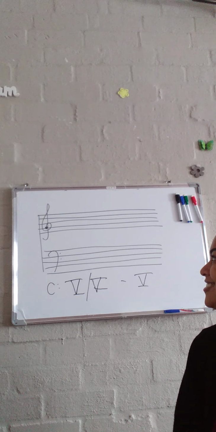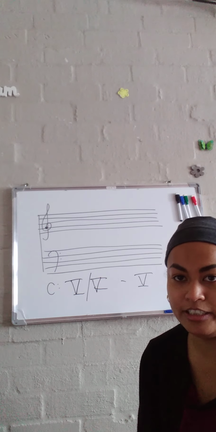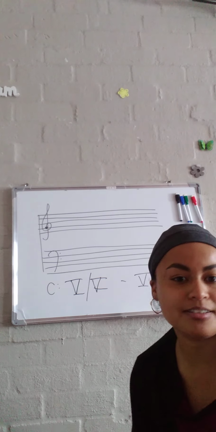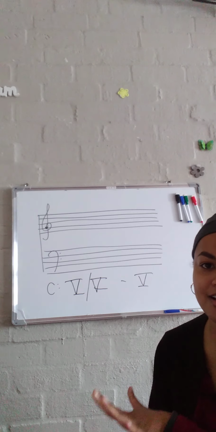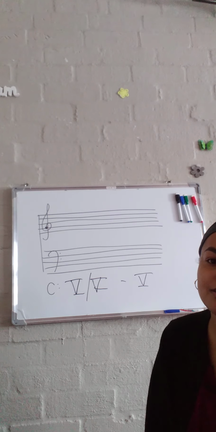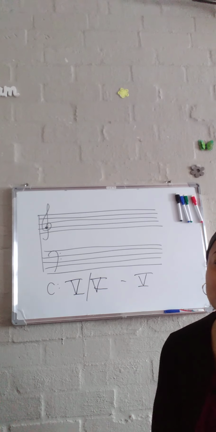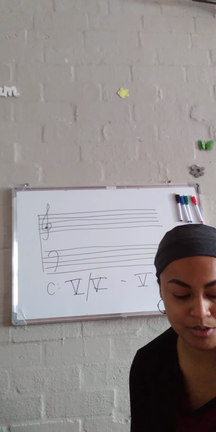Thank you. All right, today we're going to talk about secondary dominance. What is it, first of all? Because this is the thing that my students are struggling with the most. Secondary dominance is any chord that has a dominant function over another chord that is not the tonic of the music composed.